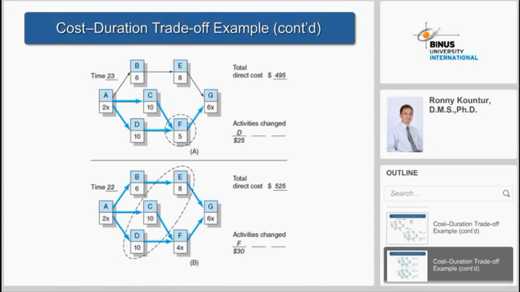So by reducing D from 11 to 10, cost will increase from 470 to 495, an increase of 25. Okay, next.